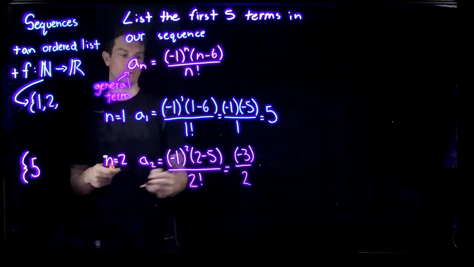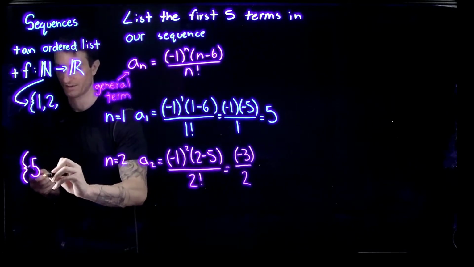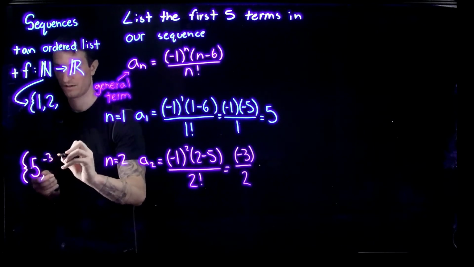And so we have our answer, -4 over 2. So guess what? In our second position, we have -4 over 2.